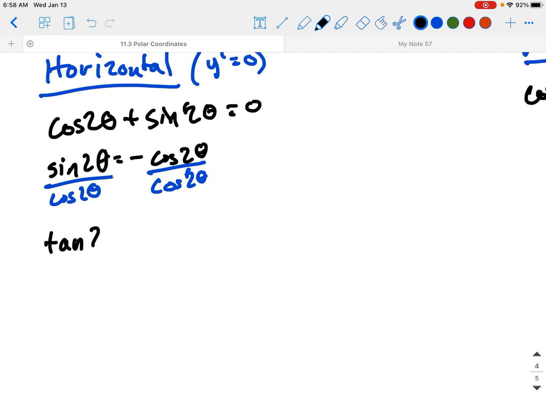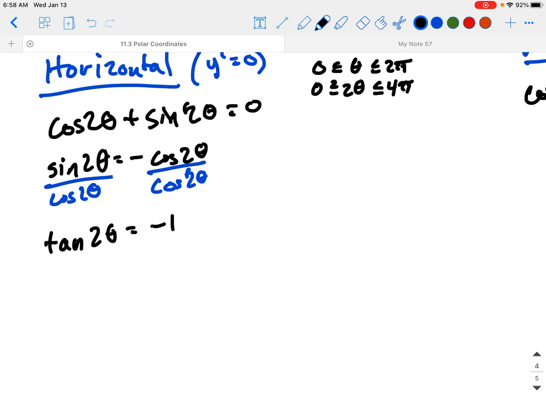So we'll have tangent 2 theta equals -1. And one thing to note here, our original function was in terms of 1 theta. So we're going to consider theta between 0 and 2 pi, since that's 1 period. So then for 2 theta, we double the size of our domain, but we're actually going to get all of our solutions between 0 and 2 pi.